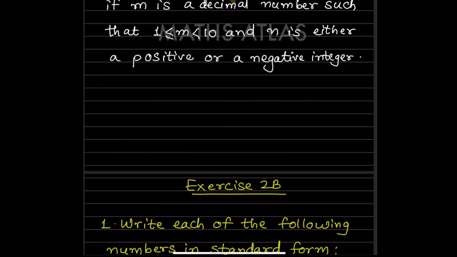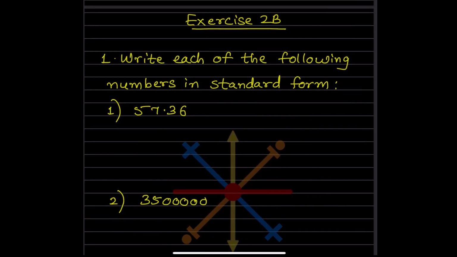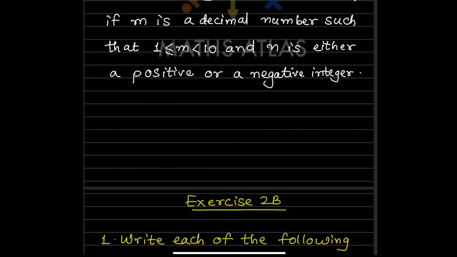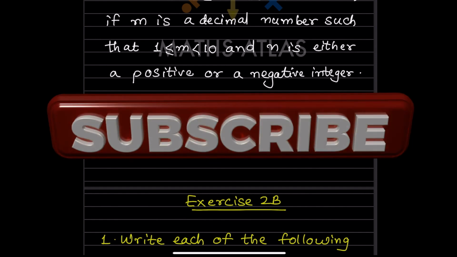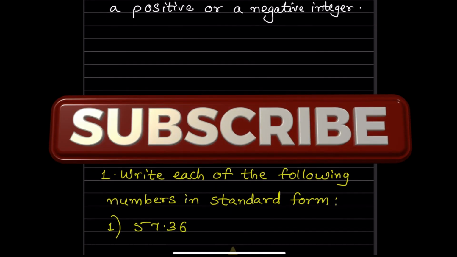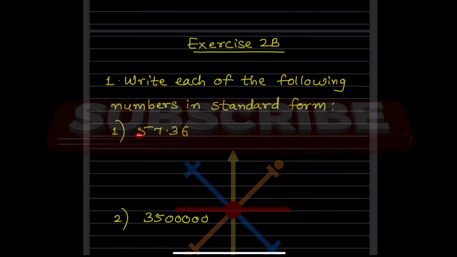Now let us take the examples. The exercise here is 2b. We have to write this in the standard form. So now 57.36. We want it to be m into 10 raised to n. We know that m should be greater than or equal to 1 and less than 10, but here this is 57.